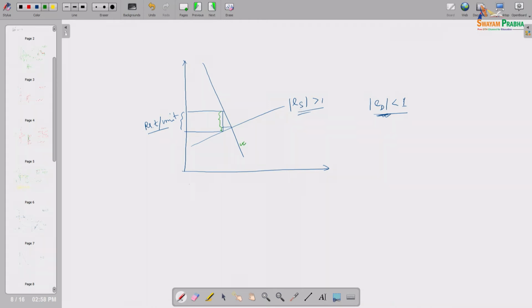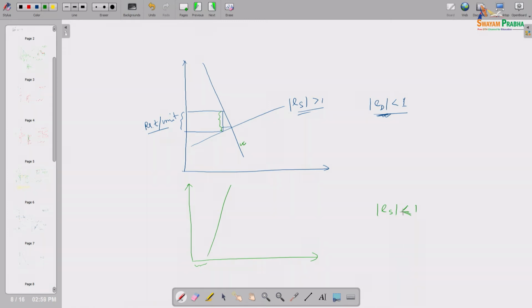Alternatively, as we have already discussed, we are summarizing. If the supply curve is very steep, that means elasticity of supply is less than 1, very low, since it has a positive horizontal intercept, we have discussed that.